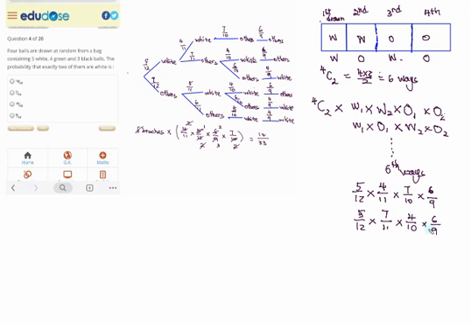Now if you look at this, the denominators are the same. The numerators, if you multiply them, are also the same. So in other words, the 6 ways have the same probability. So the answer will be 4C2, which is 6 ways, times this probability.